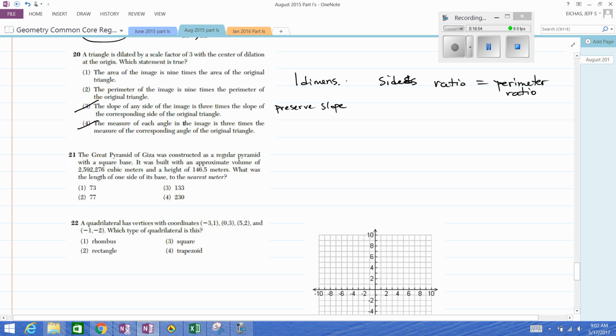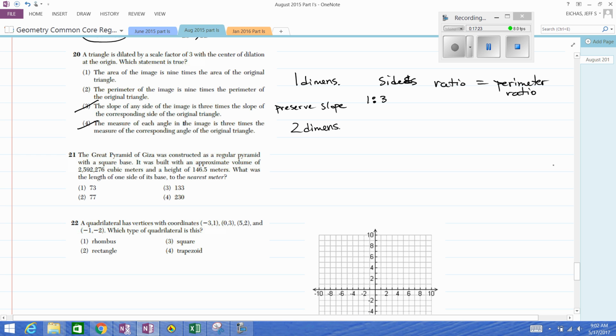When you have one-dimensional measurements like length, okay, there's a length, no width, those ratios are going to be the same. When you go to 2 dimensions, which is area, that's length and width. So you're basically going to multiply the ratio together. Now, if you have a triangle that's dilated by a scale factor of 3, the ratio of the sides is going to be 1 to 3.